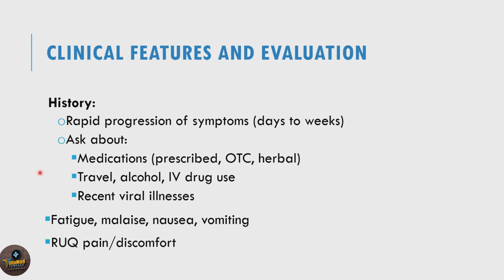Recent travels, particularly to areas endemic for viral hepatitis. Ask about signs of viral prodrome such as fatigue, malaise, nausea, vomiting, and right upper quadrant abdominal pain or discomfort. This background helps narrow down the etiology and guide further testing.